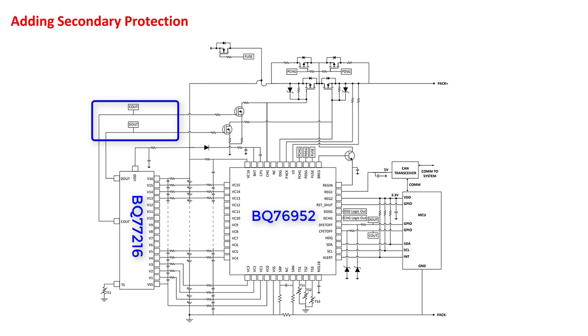This image from the BQ77216 datasheet shows a configuration where the BQ77216 and BQ76952 are both used together to control the charge and discharge FETs. Note that in this image, the Cout and Dout signals must also control the CFET off and DFET off inputs to the BQ76952 to ensure that the charge driver goes low when Cout is disabling the charge FET, or that the discharge driver goes low when the Dout signal is disabling the discharge FET.